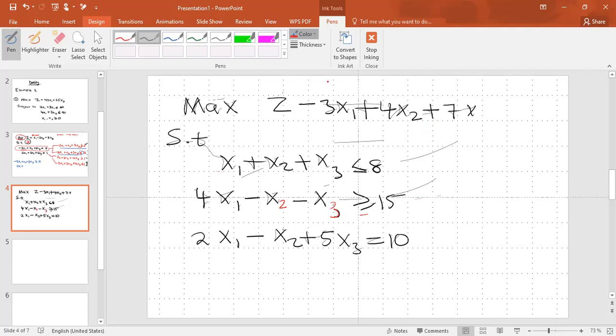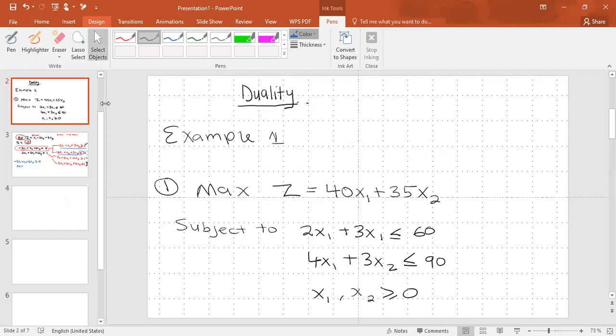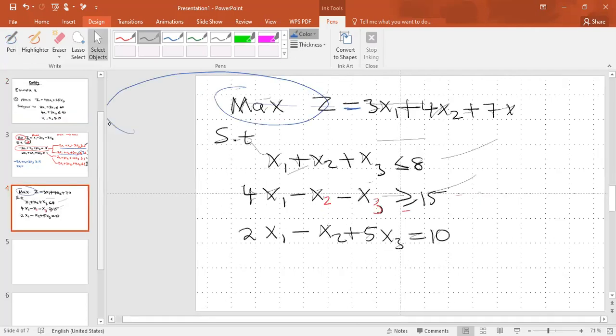So the first thing that you do is to look at the problem. Is it a minimizing problem or a maximizing problem? Here it is a maximizing problem. When it's a maximizing problem, what sign should we have? Is it greater than or less than?